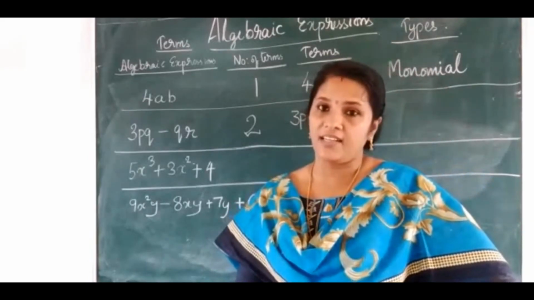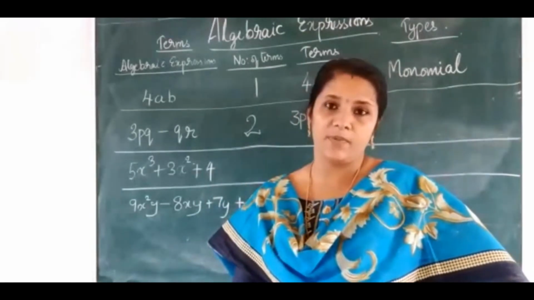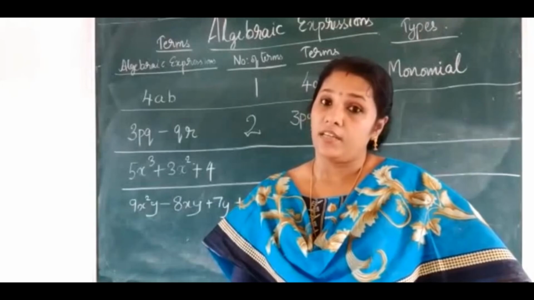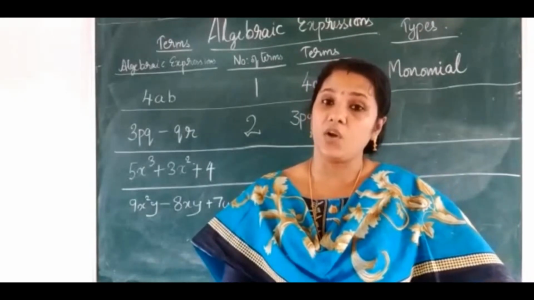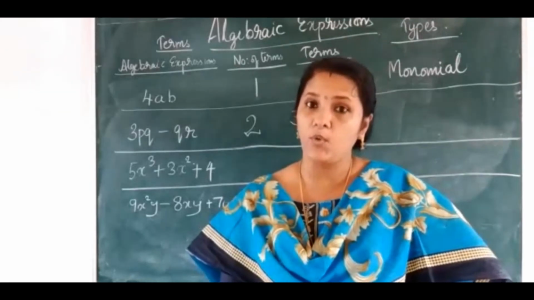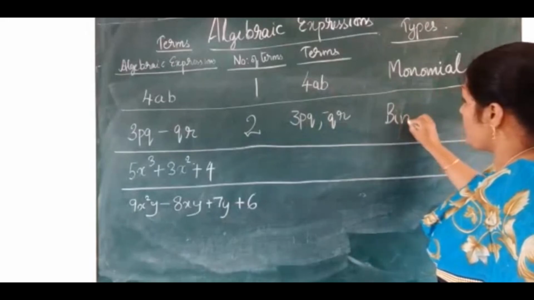So these are the 2 terms of this algebraic expression. So if the algebraic expression is having 2 terms, we can call it as a binomial. Binomial.